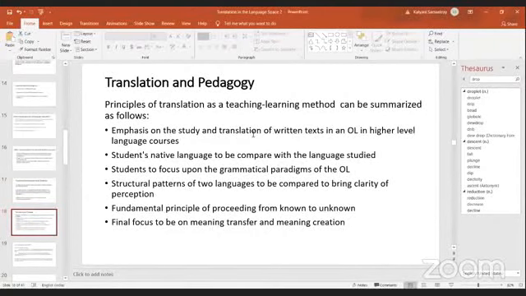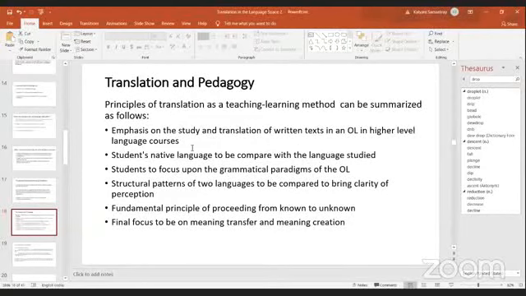Now, there are certain principles of translation as a teaching learning method that can be summarized, which I discussed here. This is a kind of summary of the main points of the discussion. There is an emphasis on the study and translation of written texts in another language in higher level language courses.